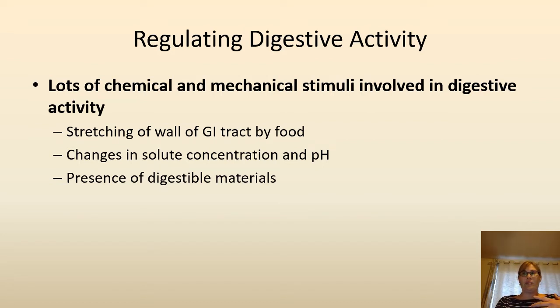Really, the body is detecting the food being there in the first place, the stretching, and the chemicals that are entering the body. When those things begin to be noticed by the body, it triggers a whole bunch of other effects. And also, even just smell will trigger this whole thing.